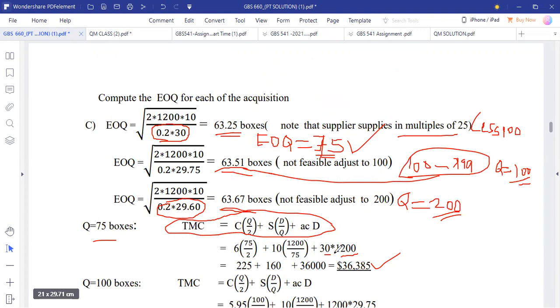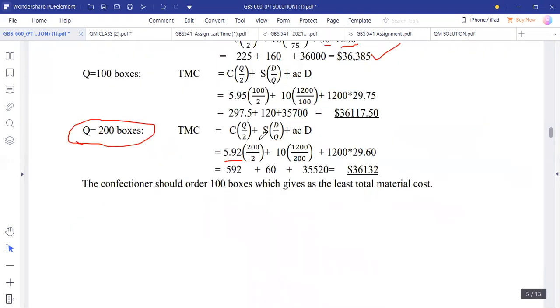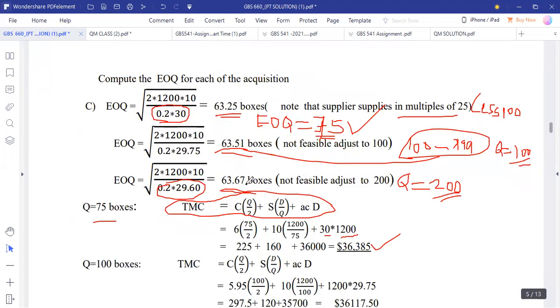Take note of that. For the ordering cost, we are buying at 200 boxes because the 63.67 was not feasible. We're supposed to buy the minimum 200 or more boxes. That's how come even the 63.51, like I mentioned, was not feasible, because the interval is 100 to 199. So we had pushed our Q to 100 because this is where the feasibility would have started from.